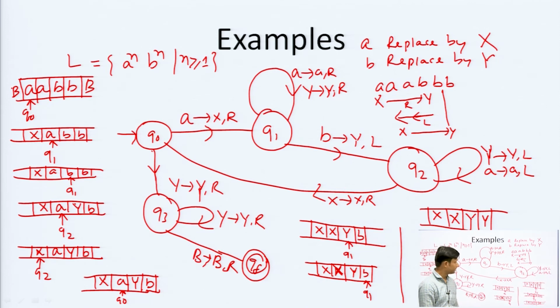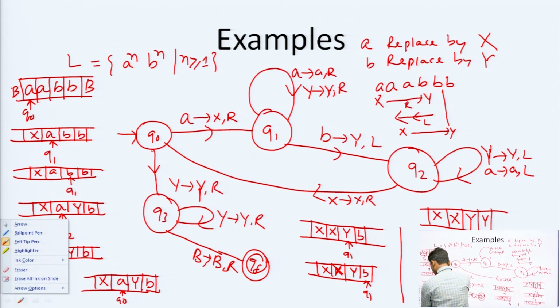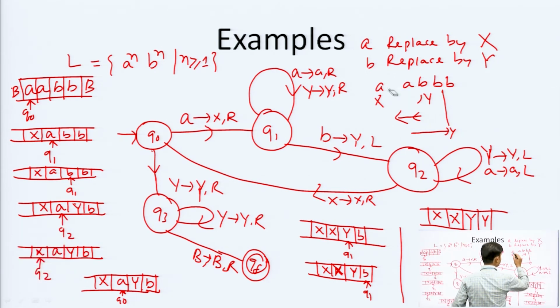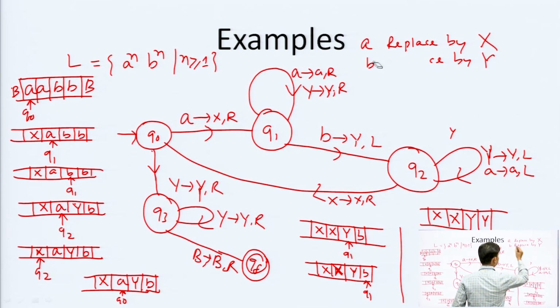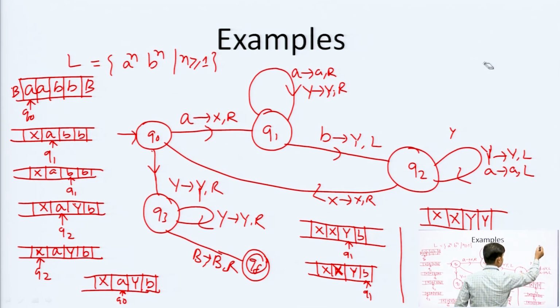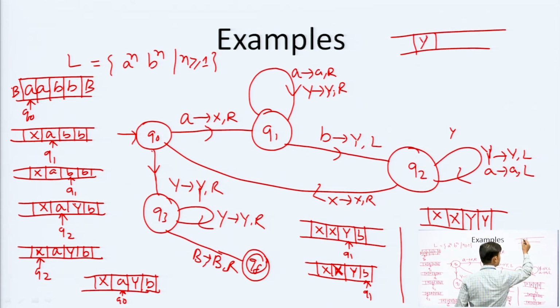Then q 3, you see q 0 to y. What is q 0 to y? When you get q 0 to y, see here this is x and this is y and this is y, and this is q 0 to y, then you have to go to q 3.